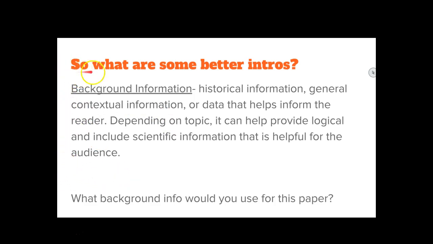If I was going to write about my grandmother, then I could provide some data or historical information and talk about how between the years of 1910 and 1930, more than 300,000 children were affected with polio. One third of those children ended up dying. That's providing some context if I wanted to talk about my grandmother and what she experienced. Or I could provide some general background about what she and I did together, or something that she and I shared. I could talk about some background of diabetes.